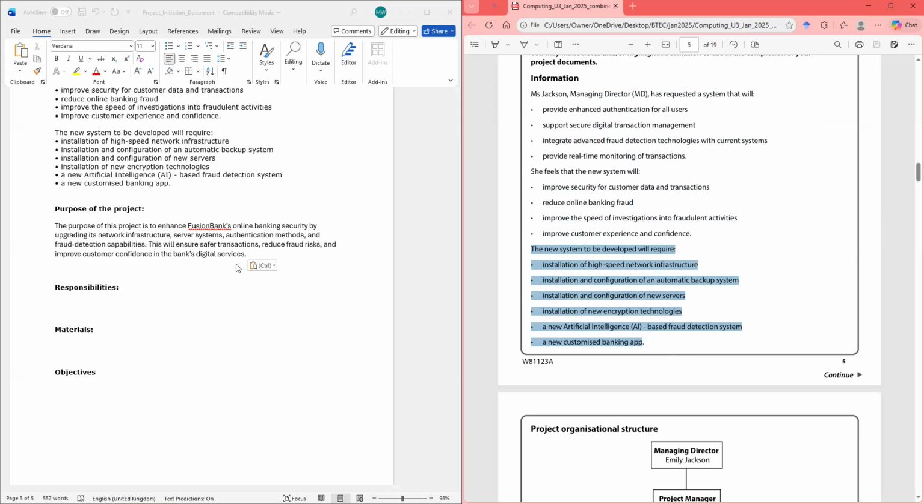So I'm putting this little extra thing at the end just to let the examiners know I know what I'm doing. All right. So the purpose of the project is for the request of the system, what the system will do by doing what the development will require.